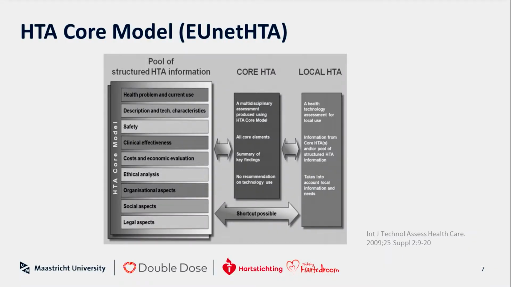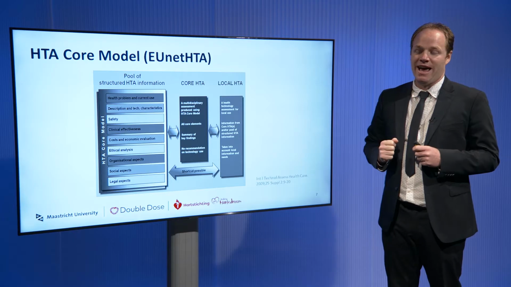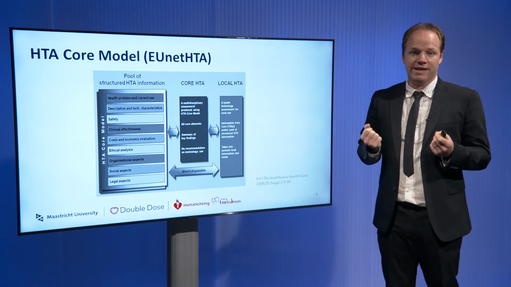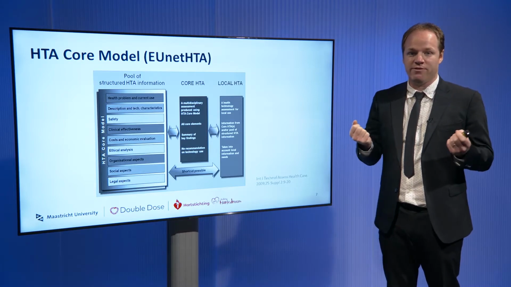One of the frameworks of HTA is the HTA Core Model, defined by the European Network for Health Technology Assessment, EUnetHTA, which was created by the European Commission more than 15 years ago.